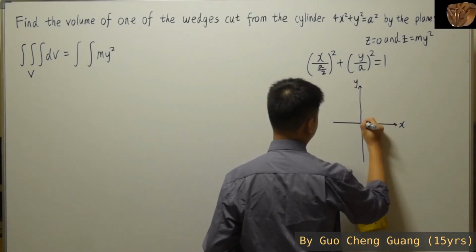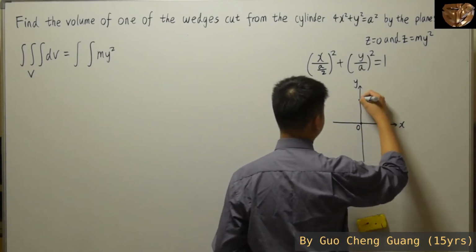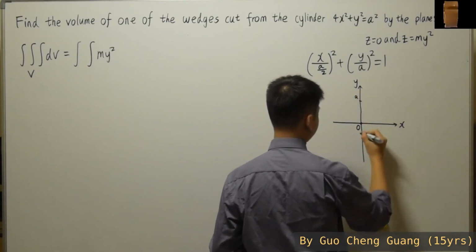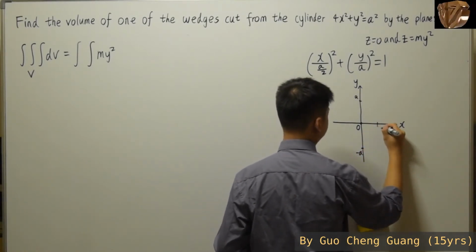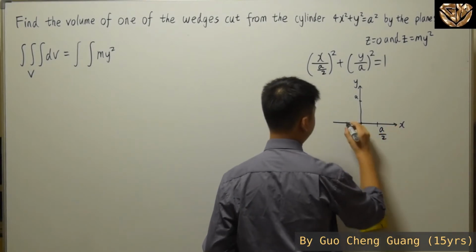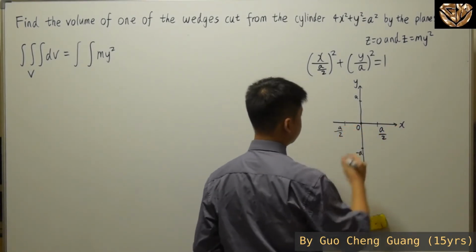Here's your x-axis and y-axis. And along your y, you're going to have a and negative a. But along x, you're going to have a/2 and negative a/2. Right?